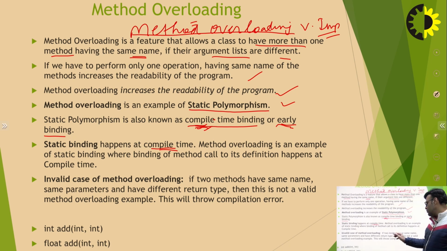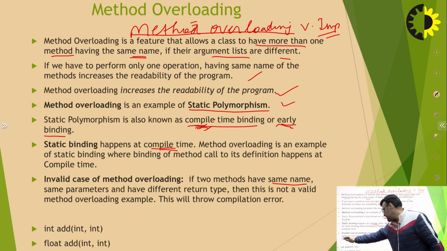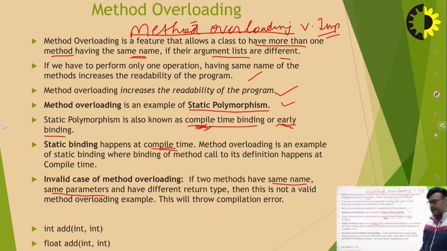For example, if two methods have the same name and the same parameters, but a different return type, keep in mind, the name is same, the parameter is same, but the return type is different. This is not valid. It will throw a compilation error.